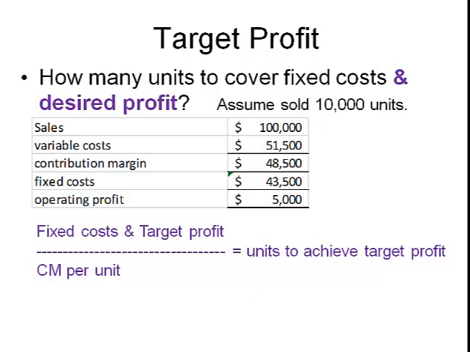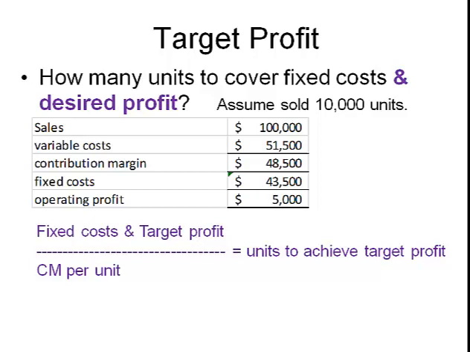And so we can add to our break-even analysis by including a target profit result. So here, let's assume that they want to make 20,000 target profit. So we have to now sell enough units not only to cover the fixed cost, but to cover the fixed cost and the target profit. So it's added to the numerator.